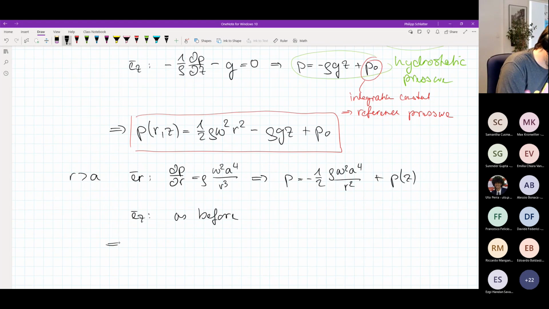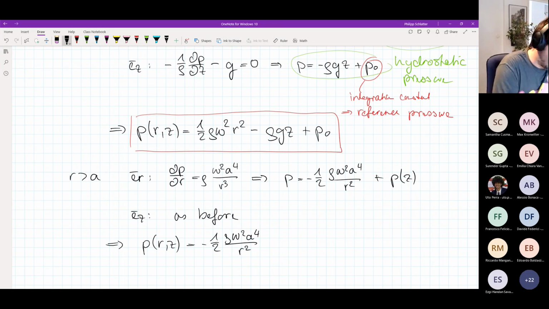So I can combine those again into one pressure as a function of R and Z, and this would then become minus 1/2 rho omega squared A to the 4 divided by R squared minus rho g Z plus some integration constant C. Now this integration constant again comes from the e_z direction.